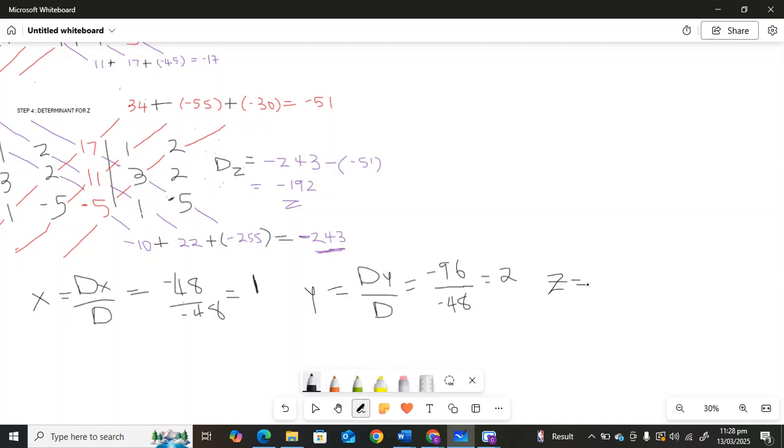Z, it's dz divided by d. Dz negative 192 divided by negative 48, 4.